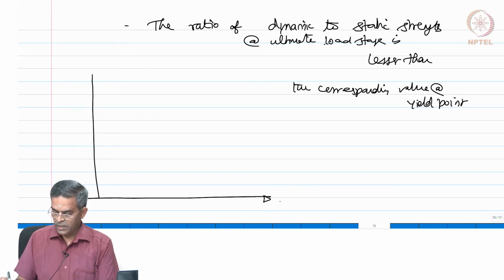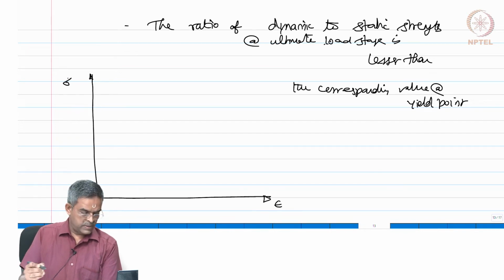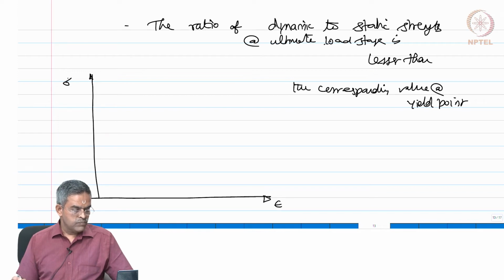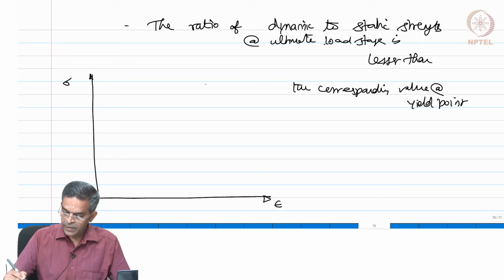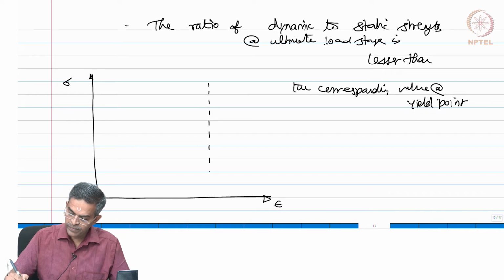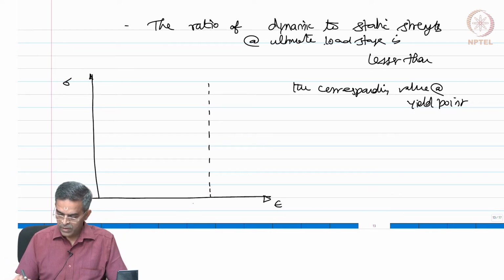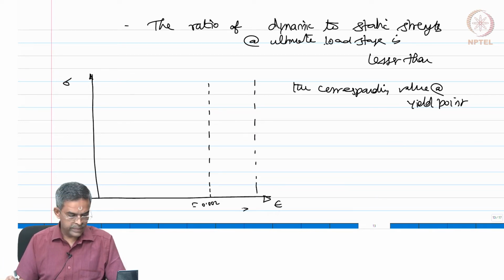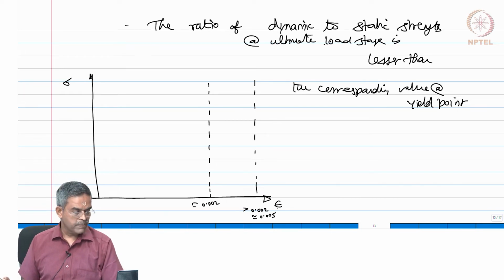Say this is my strain, this is my stress axis. Let us draw a vertical line in an enlarged manner. It's approximately 0.002, and let us draw one more line which will be higher than 0.002, but closely to 0.005. Okay.